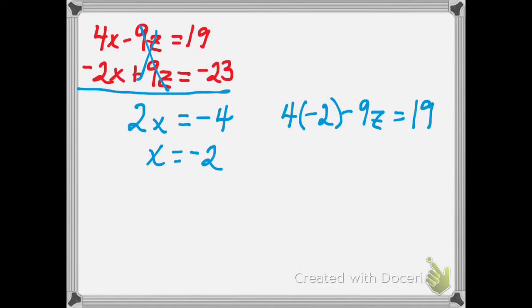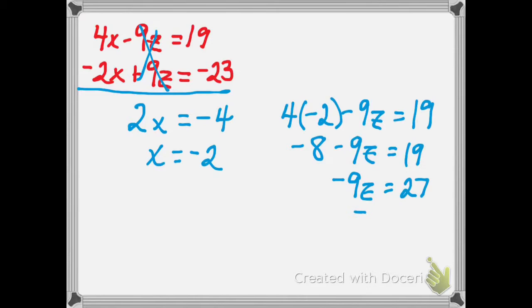So 4 times negative 2 is negative 8 minus 9z equals 19. Add your 8 to both sides and you get negative 9z equals 27. So then z equals negative 3.